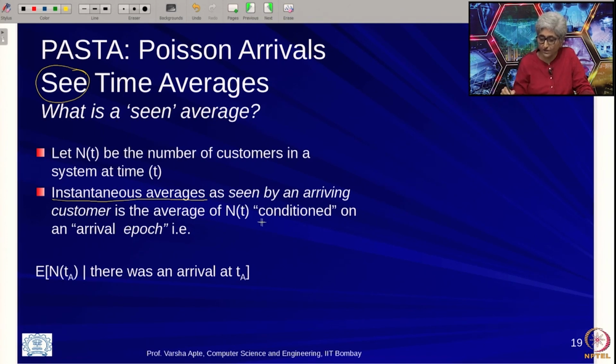It is the average of N(t) conditioned on what is called an arrival epoch. That means we are only taking those samples of N(t) that are actually seen by an arrival.